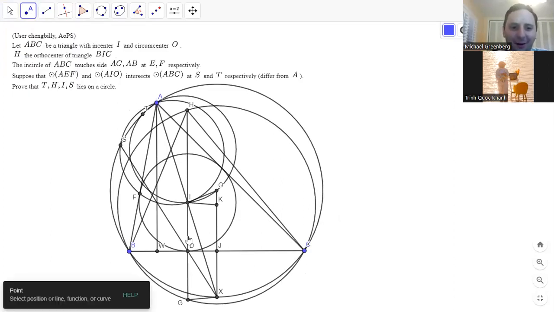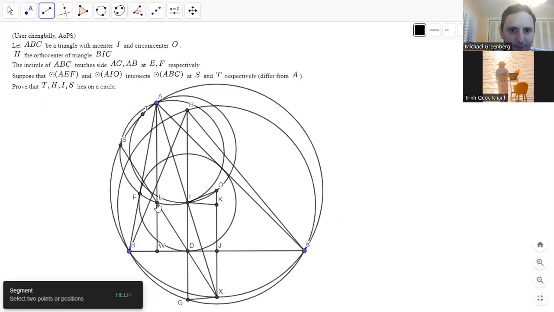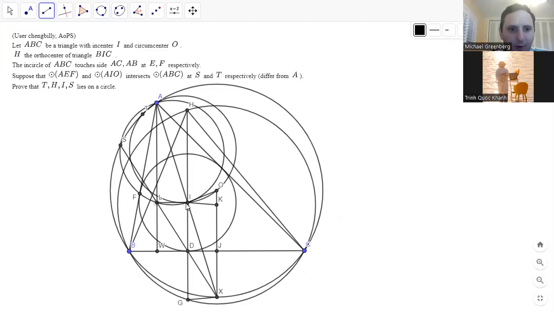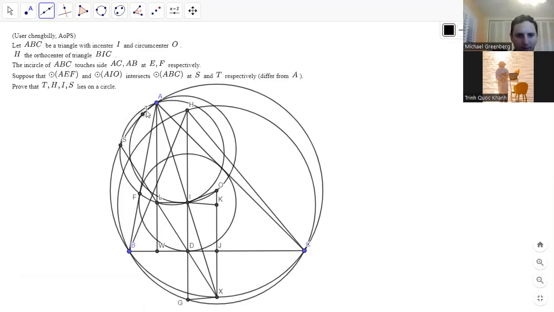But yeah, SD and X are definitely collinear, and IL should be parallel to BC. So yeah, that might make this a little easier. Let's see.